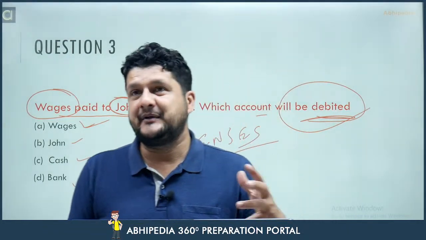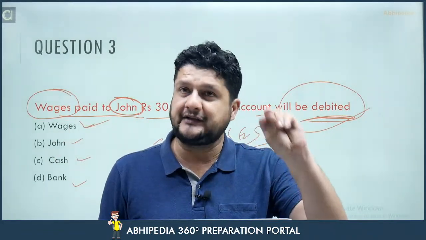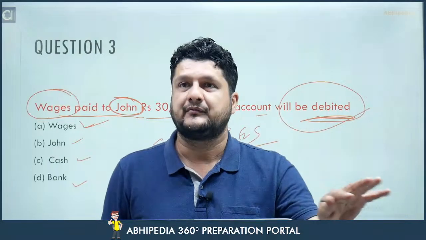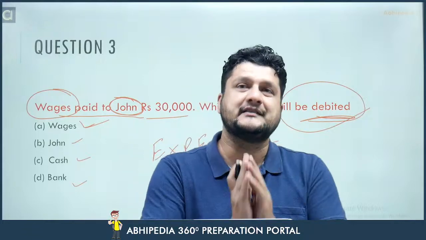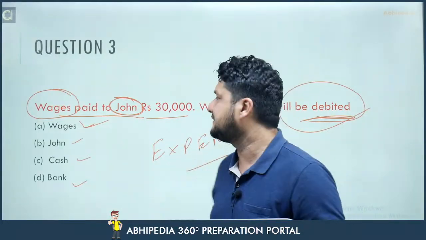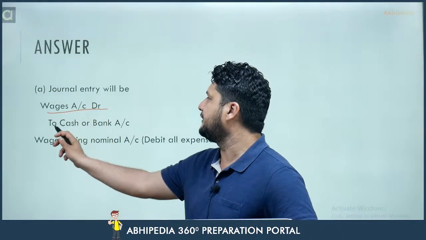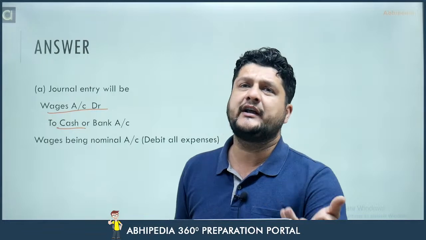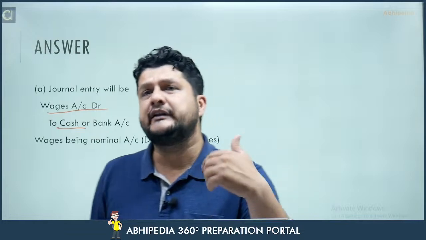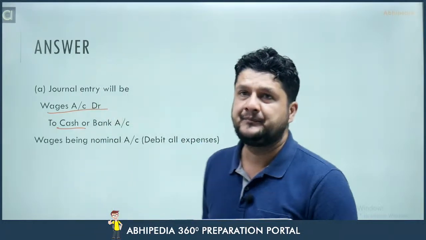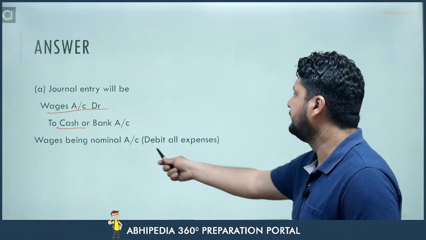A company might have 3 lakh employees, so they can't enter wages or salaries by their names. They club the amount and enter it once as wages. I hope it is clear to you. So the journal entry would be: wages account debited to cash or bank, because nowadays firms normally pay through NEFT or through bank only. So cash or bank, both are right, and the rule is debit all expenses.